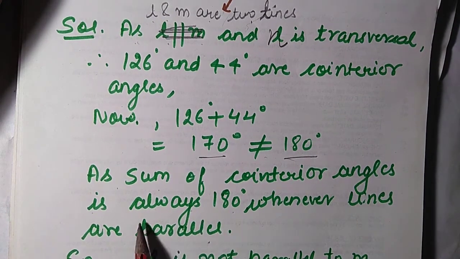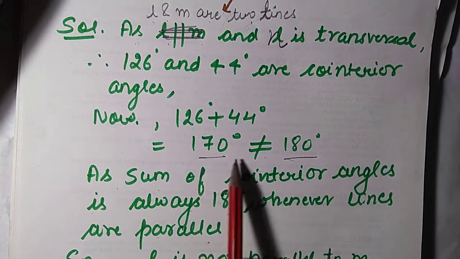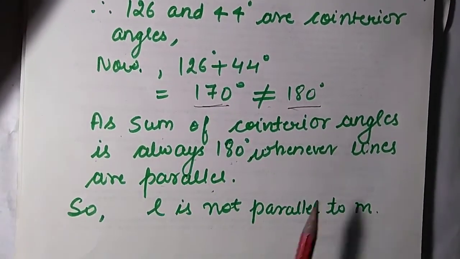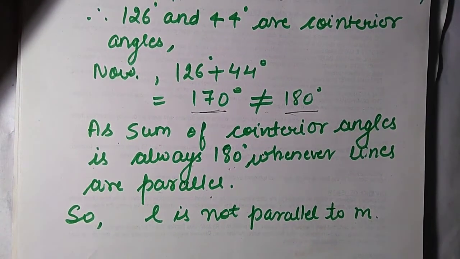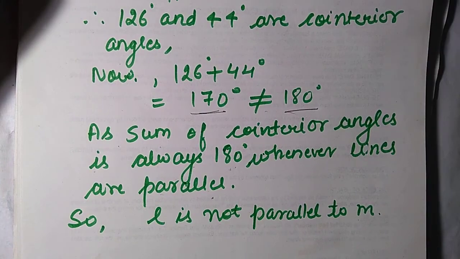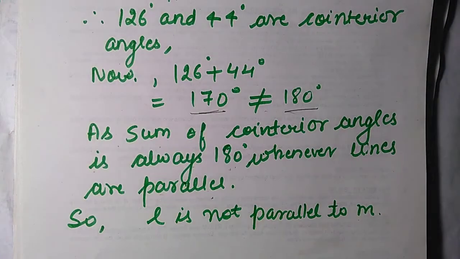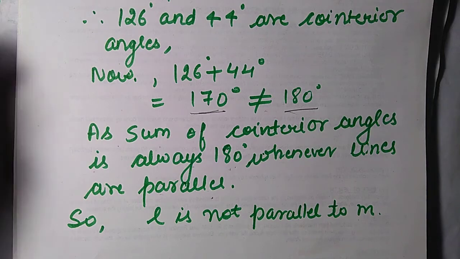But here in this case the sum is 170, so line L is not parallel to M. You can prove lines are parallel or not by 4 ways. Here I have explained one way. You can prove lines to be parallel by any of the ways. Here I am only explaining how you can prove.